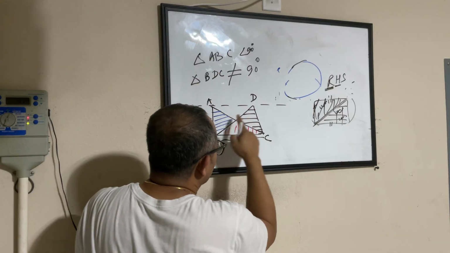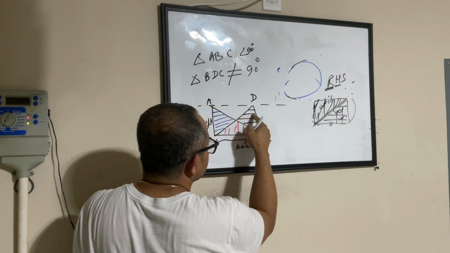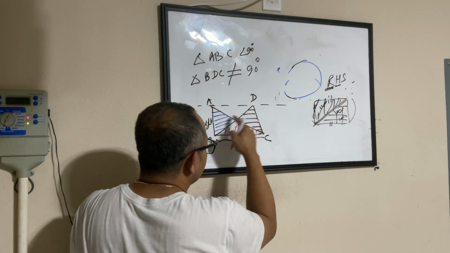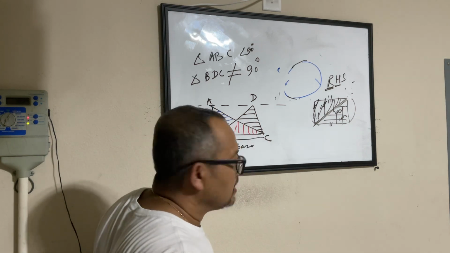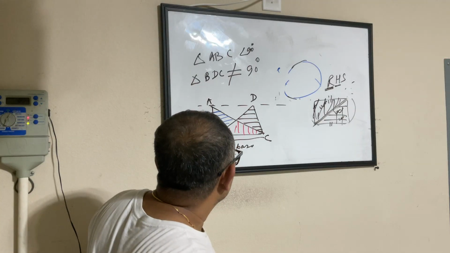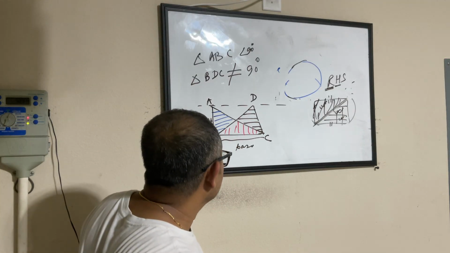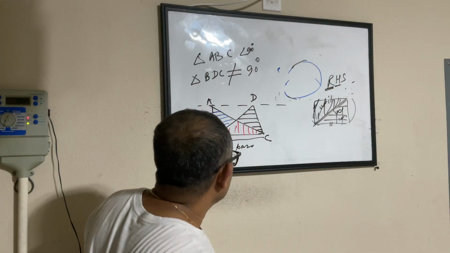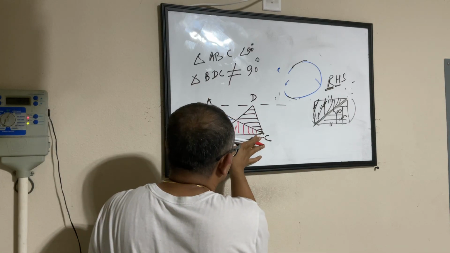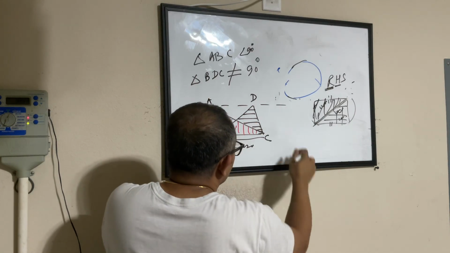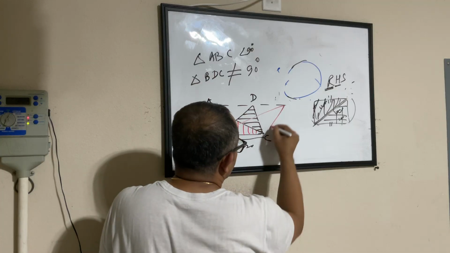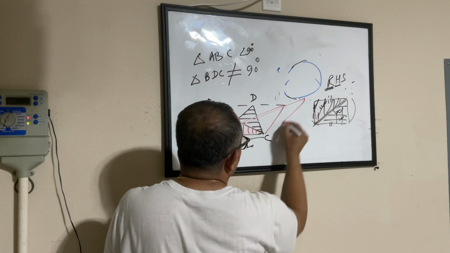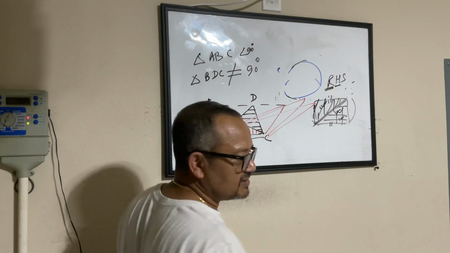If we can prove that these two triangles are congruent, then we'll be convinced that yes, the area of a triangle is based on base and height, no matter whether the triangle is like this or like this or like this.